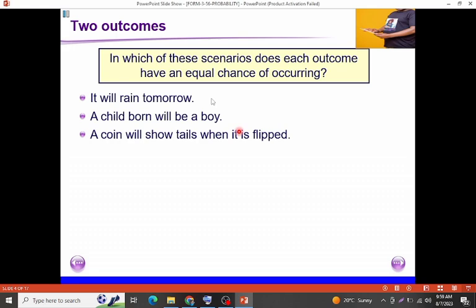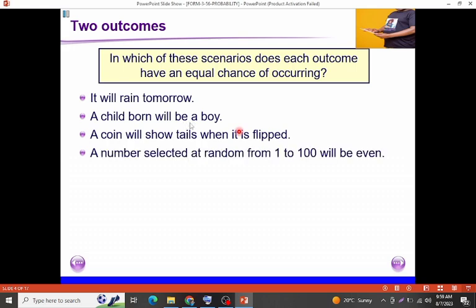All right. You can either have a male child or a girl child. Here we are ruling out the possibility of having a sex which is both female and male. What about a number selected at random from 1 to 100? Will be even? Even number, you remember?